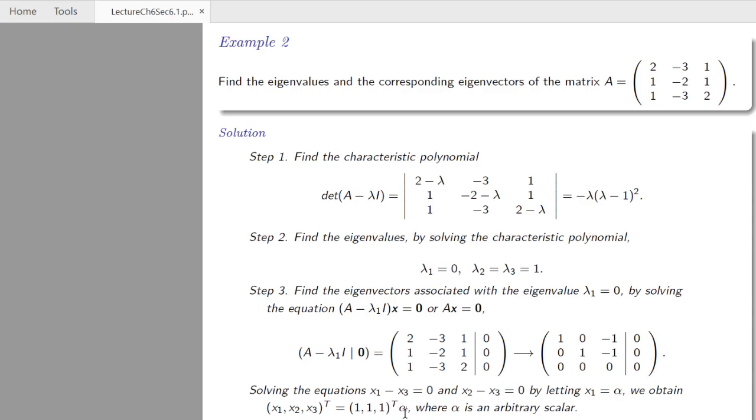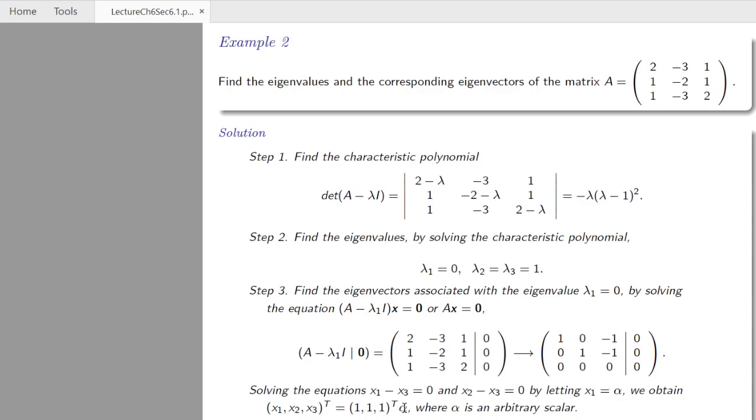So from this, we can say associated with the eigenvalue lambda equals 0, we have infinitely many eigenvectors. Those vectors have this kind of form. Now, when we talk about eigenvector, we say eigenvector is non-zero.